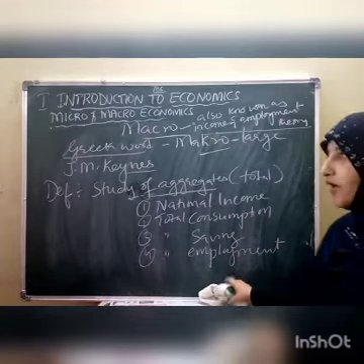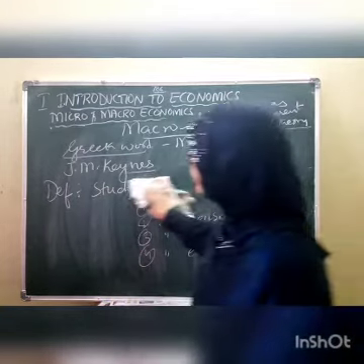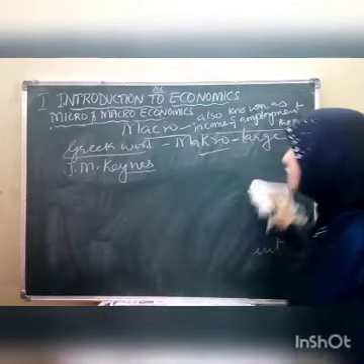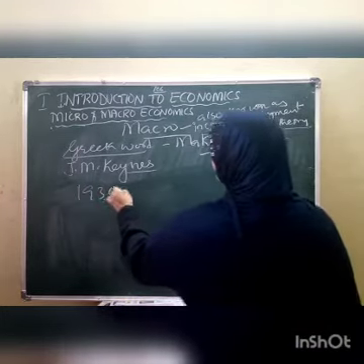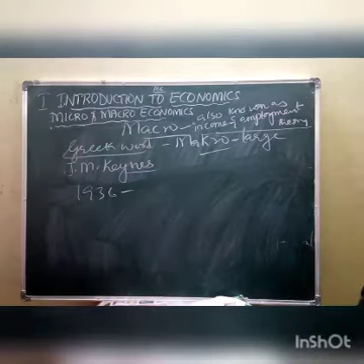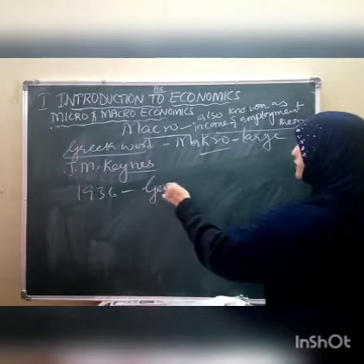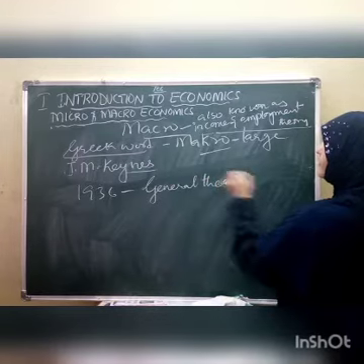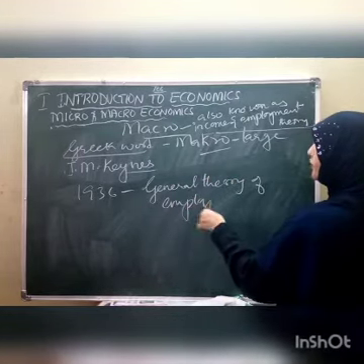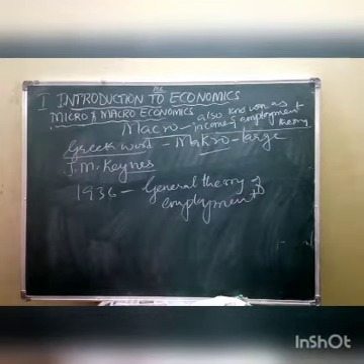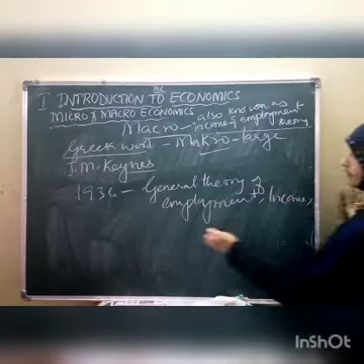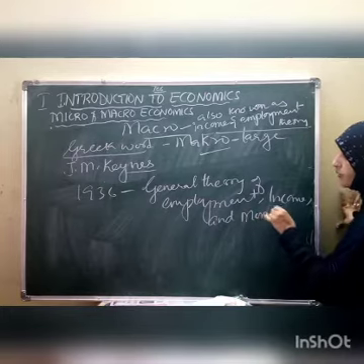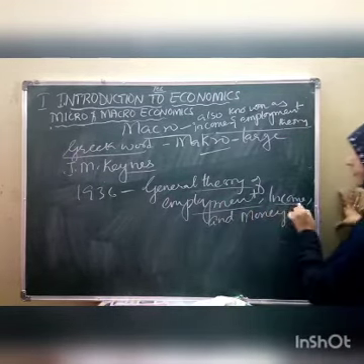Is it clear, children, about the definition? Now, after the definition, J.M. Keynes mentioned macroeconomics in the year 1936, in his book The General Theory of Employment, Income and Money.